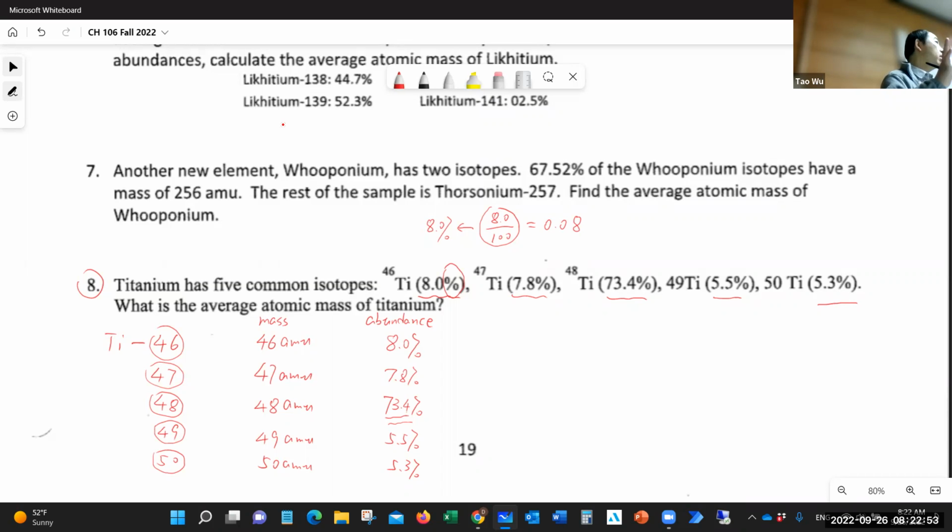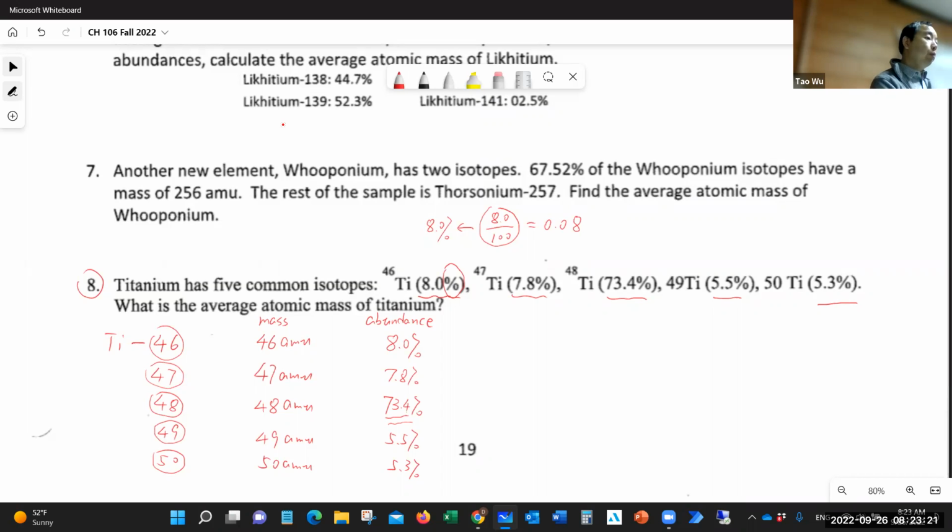I'm not talking about exactly the same, but close. I haven't calculated this yet, but I guess the average atomic mass for titanium is about 69 or 70 something, or close to 90 something. Okay, so let's see whether this is correct or not.